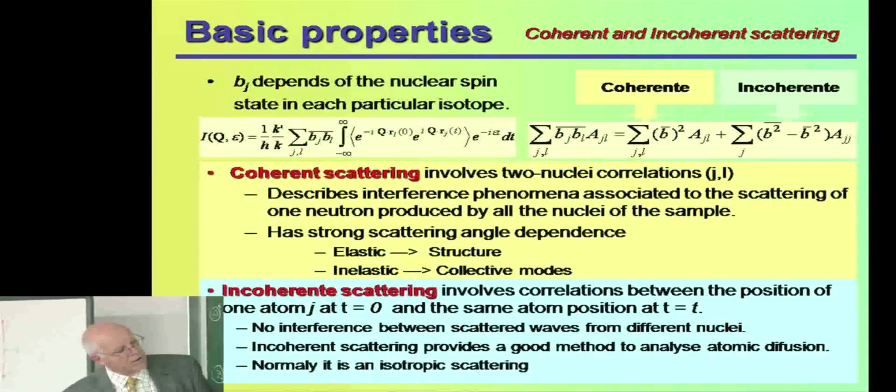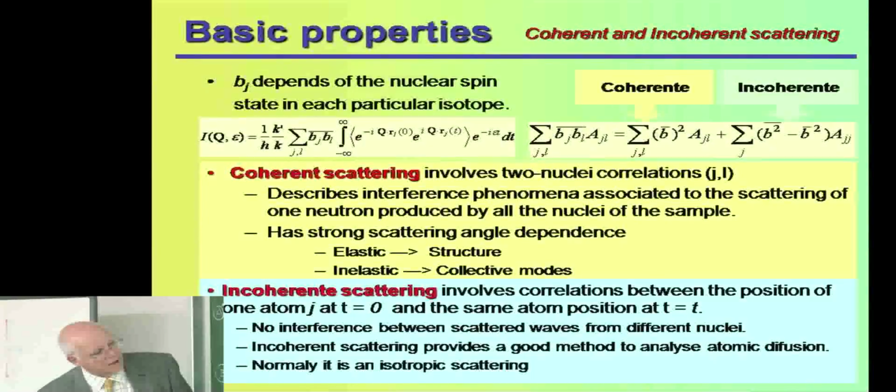The incoherent scattering involves correlations between the position of one atom at time zero and the position of the same atom at time t. There is no interference between scattering waves from different nuclei. Incoherent scattering provides a good method to analyze atomic diffusion. It is normally isotropic.